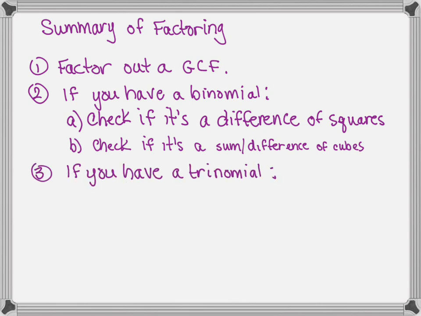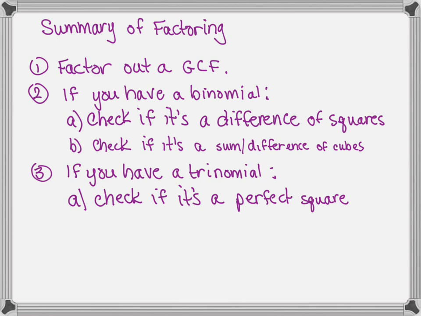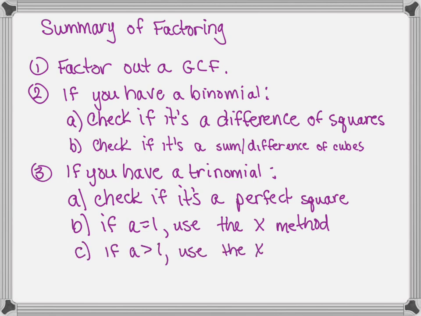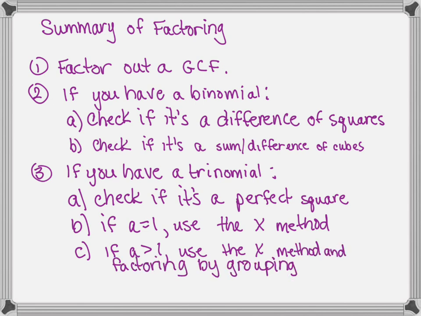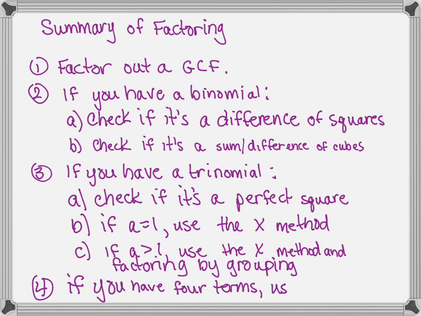If you have a trinomial, check if it's a perfect square trinomial. If it's not, then if a equals 1, use the x method. If a is greater than 1, use the x method and then factoring by grouping. And if you have 4 terms, then try to use factoring by grouping.